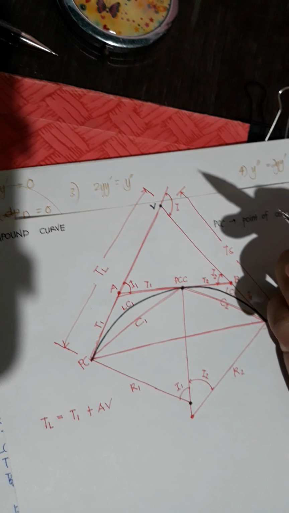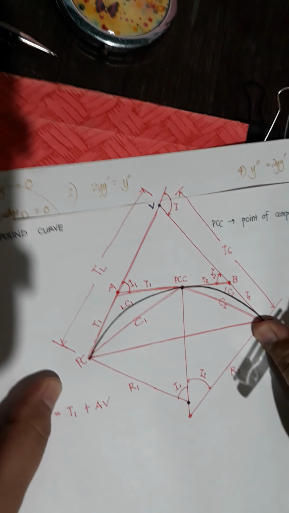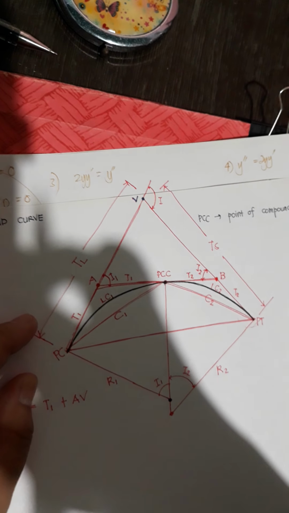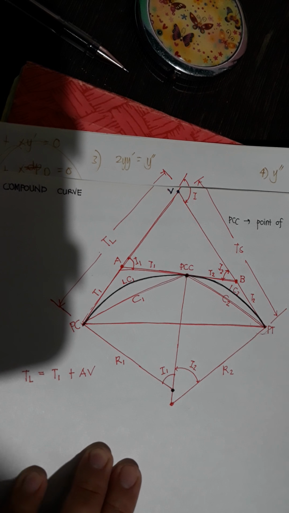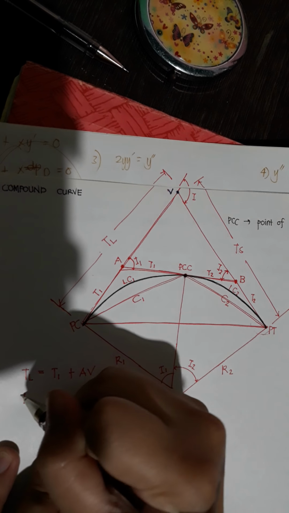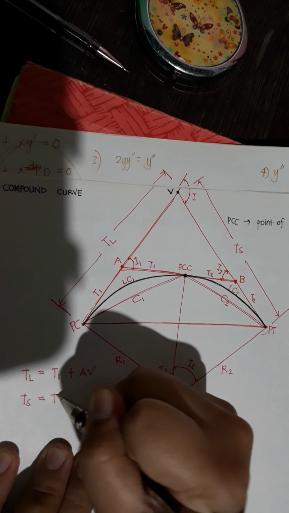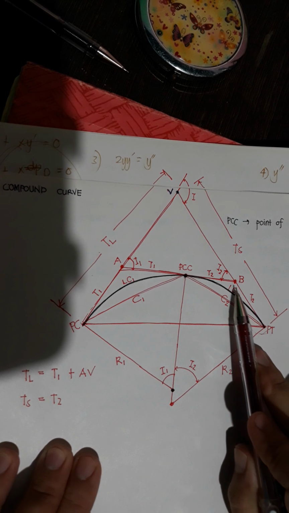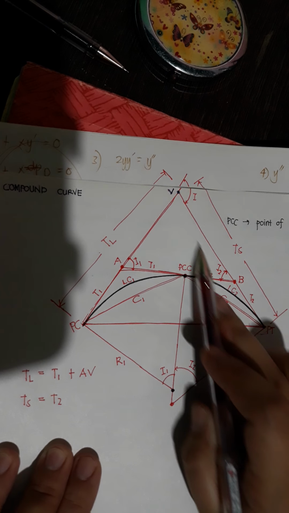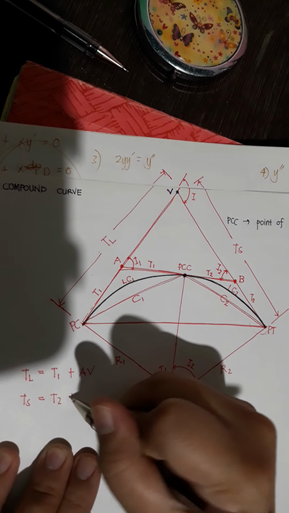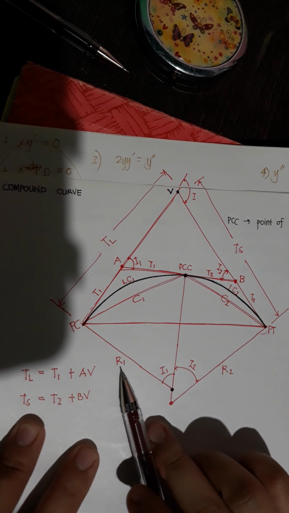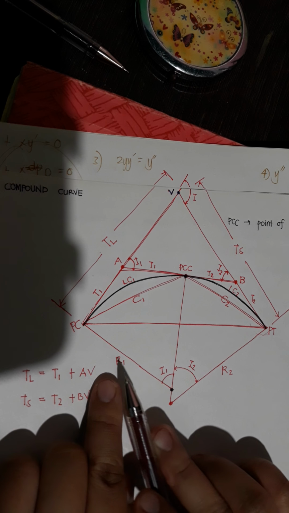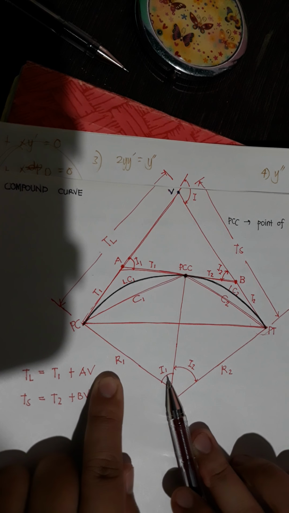At the same time, the forward tangent TS is T2 plus the length BV. So the radius of the first curve is R1, the central angle of the first curve is I1.